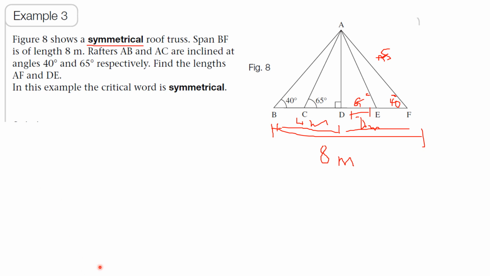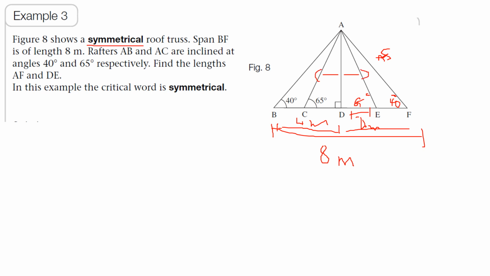They say in this example, the roof truss is symmetrical. So symmetrical means it's just going to fold together. But be aware that you can't say BC is equal to CD or DE. This line AD is the one that makes the shape symmetrical, so this side of AD is equivalent to this side of AD.